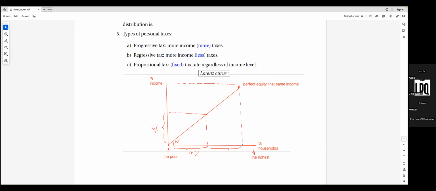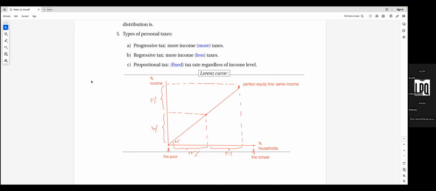The top half of the total population also makes 50% of all the income. That means there is totally no difference between people in terms of income. So the line here is called the perfect equity line.